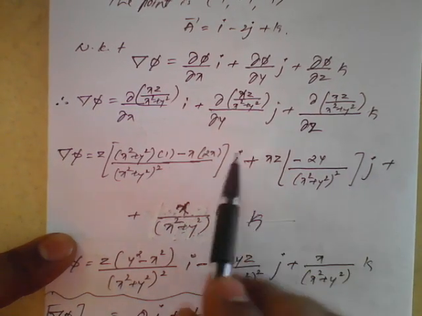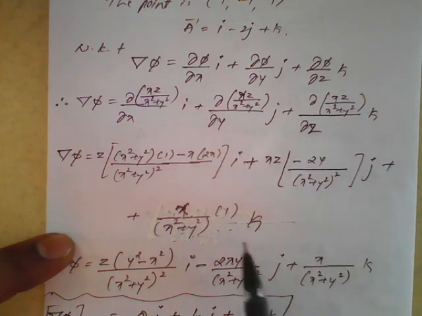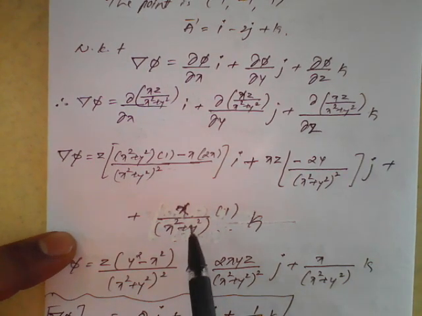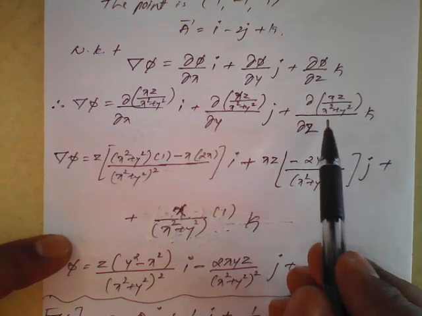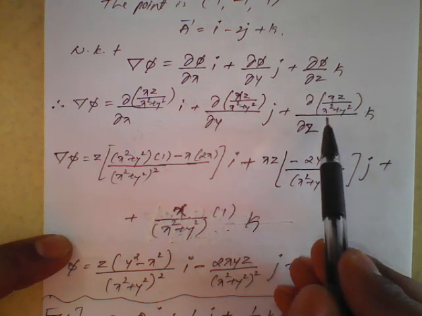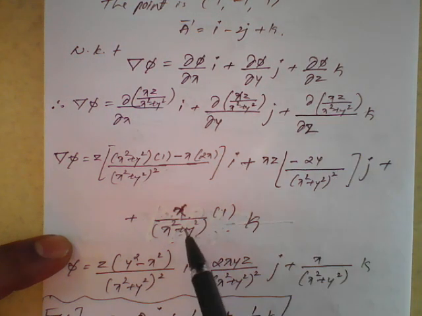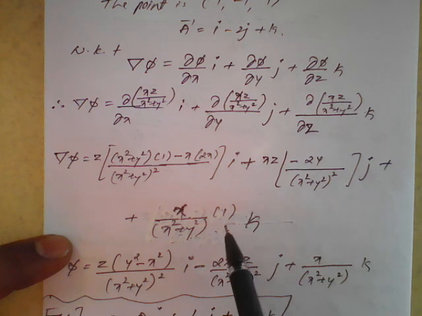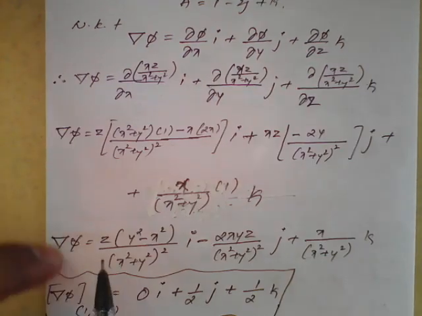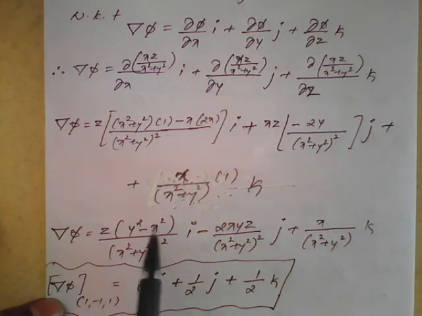So the third term is what here? We have to differentiate partially with respect to z. With respect to z, x and x divided by x square plus y square are purely constant. The partial derivative of z with respect to z is 1. So we got this, and on simplification we will get this.